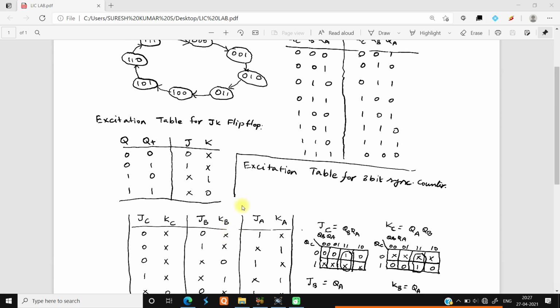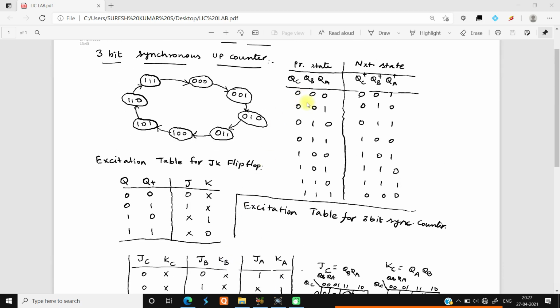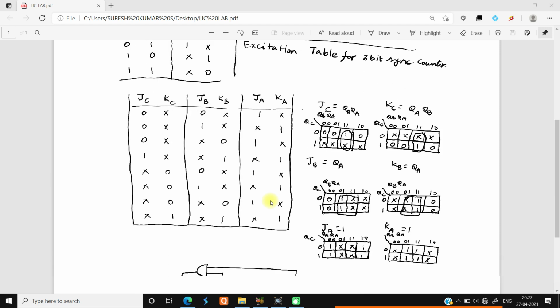We populate using the present and next states of the flip-flops named C, B, and A. Using this table, the excitation table can be written, and we can map these variables into 3 cross 1 K-maps.